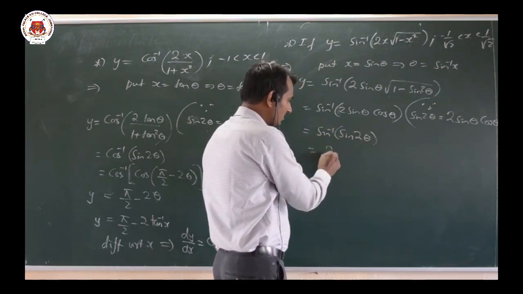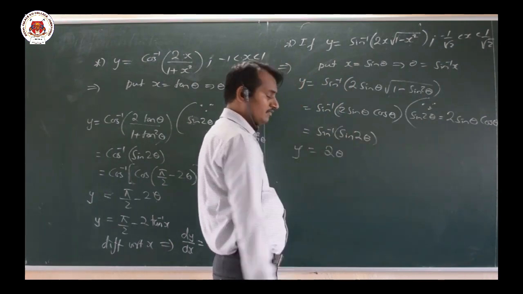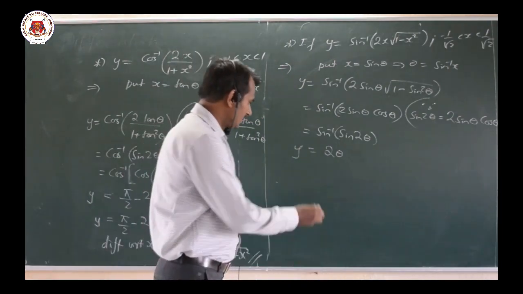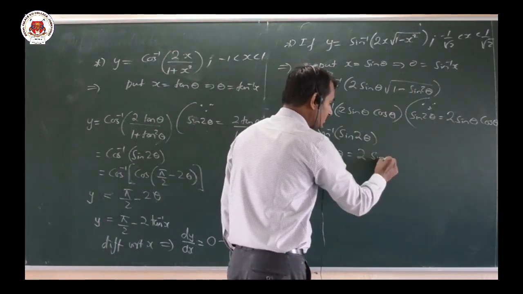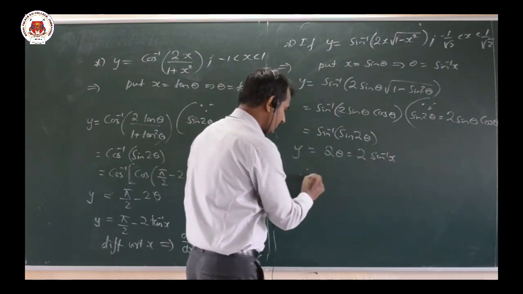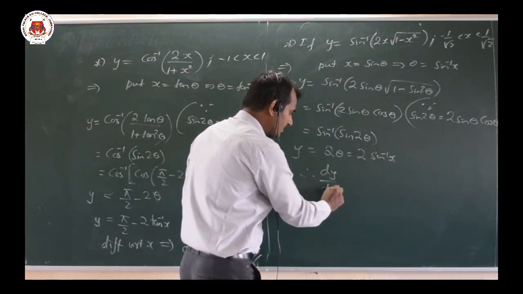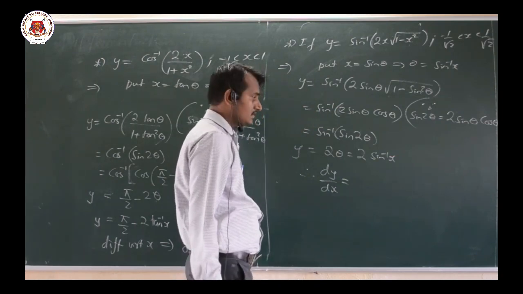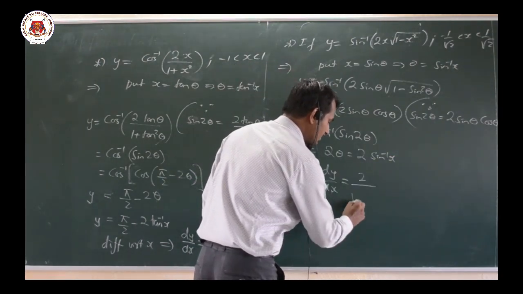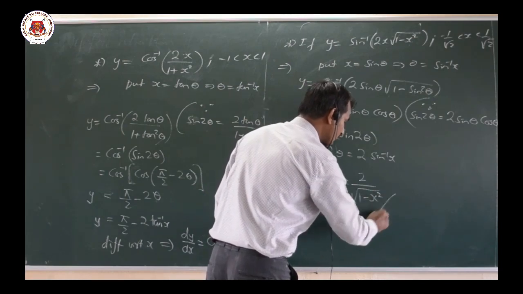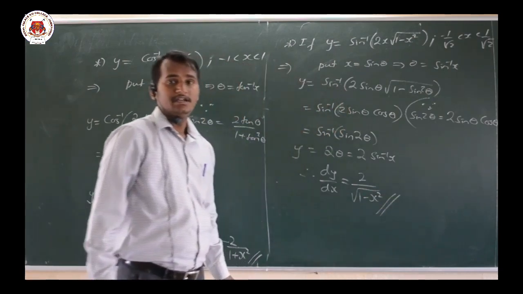Hence what we get here, 2 theta. The value for y will be 2 theta, which is equal to 2 into sin inverse of x. So therefore, what is the dy by dx value here? 2 into, sin inverse of x differentiation is 1 by root of 1 minus x square. That is your required result.